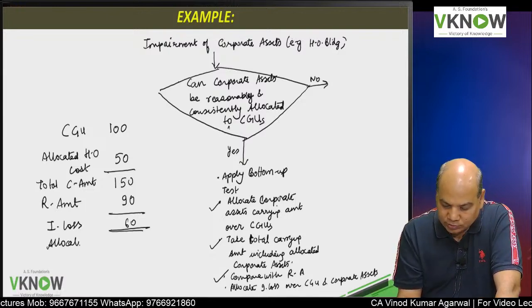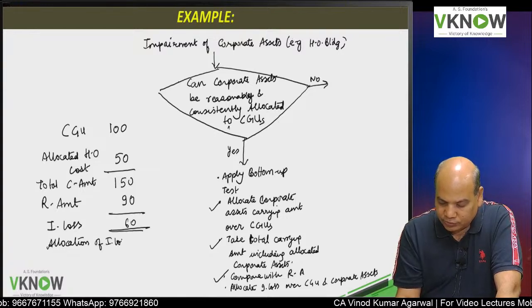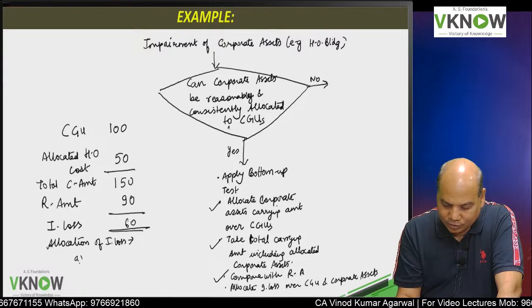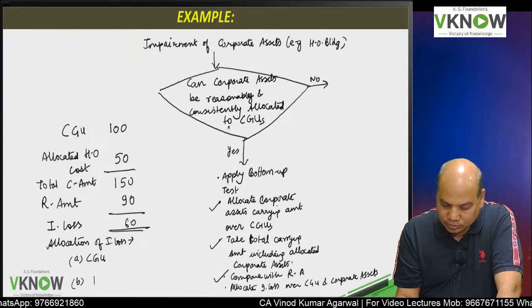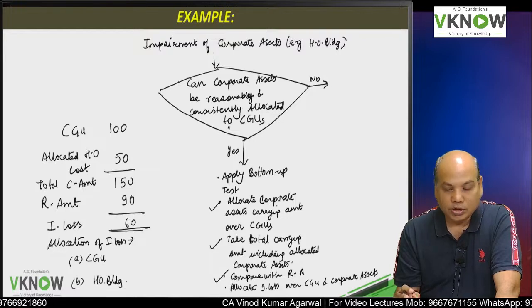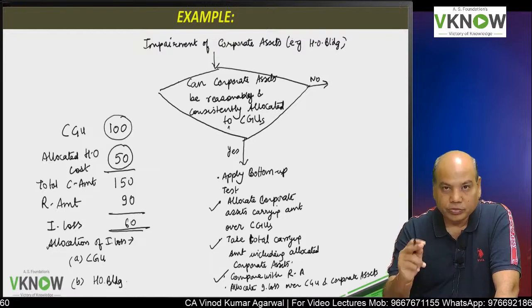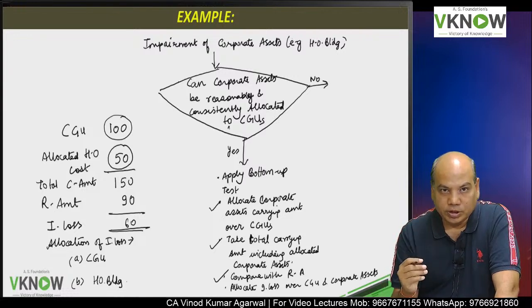Now, the allocation of impairment loss: we are going to allocate it to both the CGU and the HO building. The HO building is a corporate asset. In what ratio? In the ratio of 100:50.